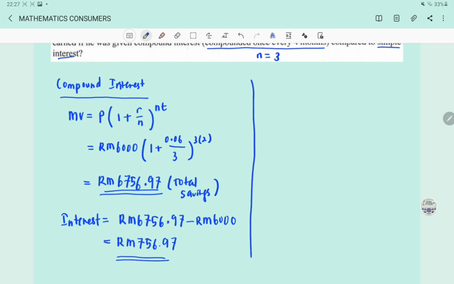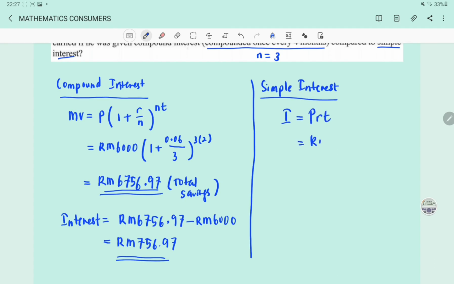Now compared to simple interest, you have to find the value of interest. So simple interest is equal to PRT.